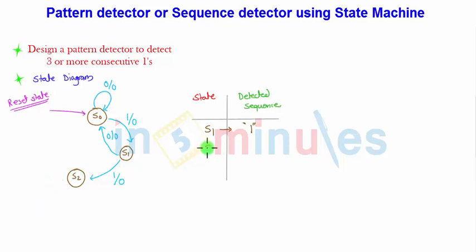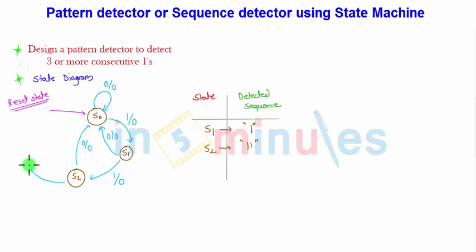Now the S2 state indicates that you have detected 2 ones. For the S2 state, let us say the input is 0. It will return you back to the S0 state, and the output will be 0 once again.